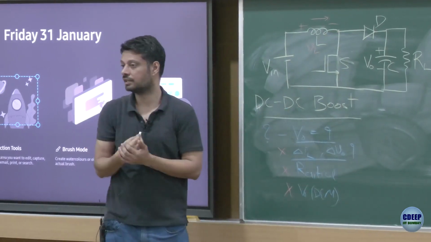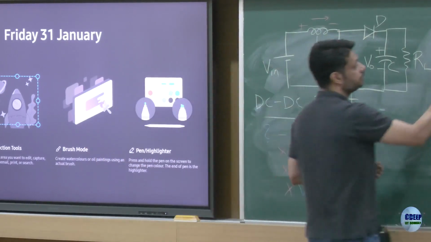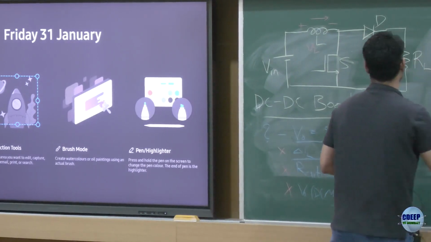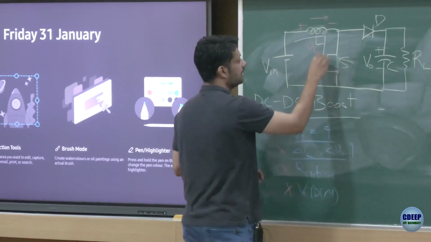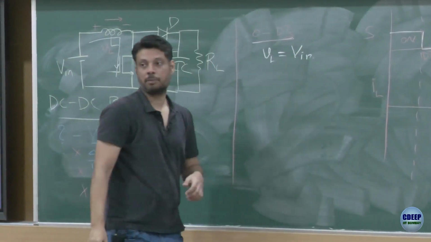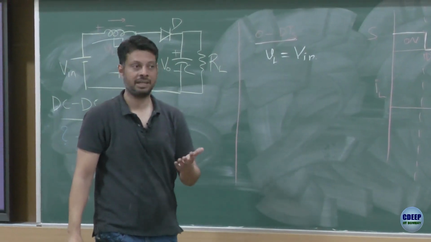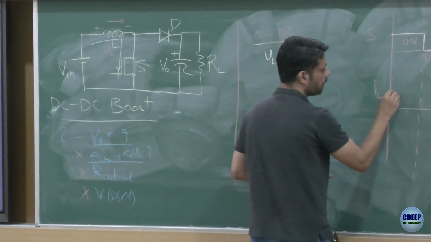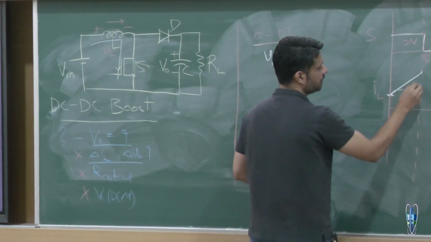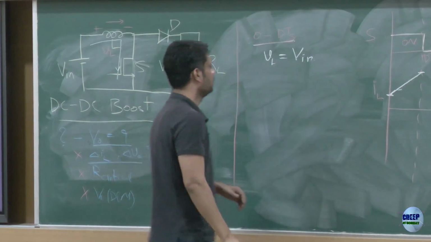So voltage across inductor is V in. And the current will flow in this loop. Since voltage is positive, the current will have a positive slope, V equal to L di by dt, and current would rise. Starting from some initial value, it goes to some value.